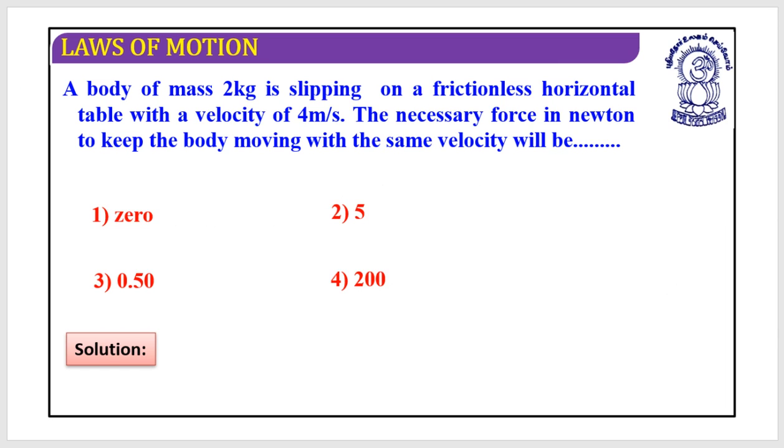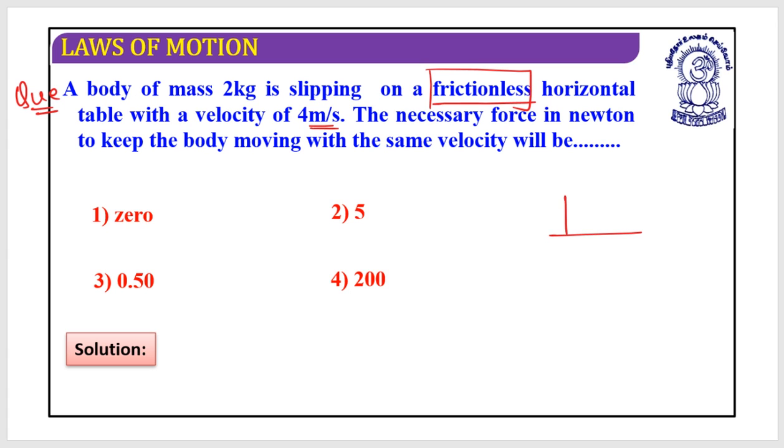Let's have a look at what the question is saying. A body of mass 2 kg is slipping on a frictionless, having no friction, horizontal table with a velocity of 4 meter per second. What is the necessary force in Newton to keep the body moving with the same velocity?